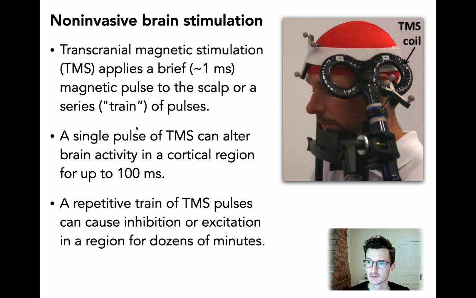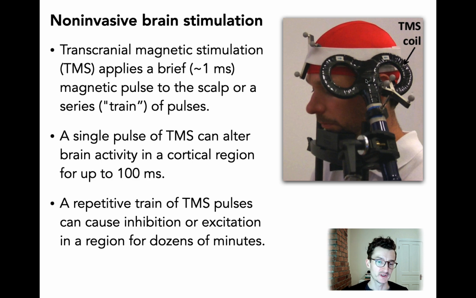You can see in this image what's called a TMS coil, and we simply run electric current through this coil very, very quickly, and this generates a magnetic pulse that travels through the skull into the outer layers of the brain. And this pulse disrupts neural firing in the stimulated brain area.